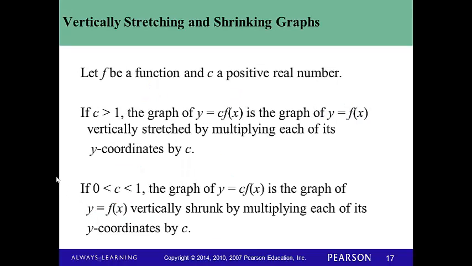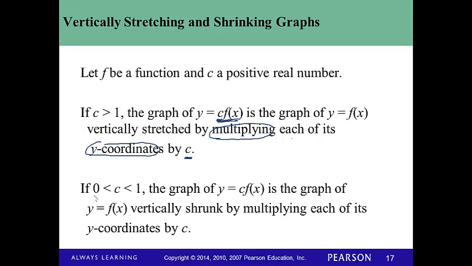Alright, so now let's talk about vertically stretching and shrinking our graph. So again, f of x is our function and c is a positive real number. If c is greater than 1, the graph of y equals c times f of x is the graph of y equals f of x vertically stretched by multiplying each of the y coordinates by c.